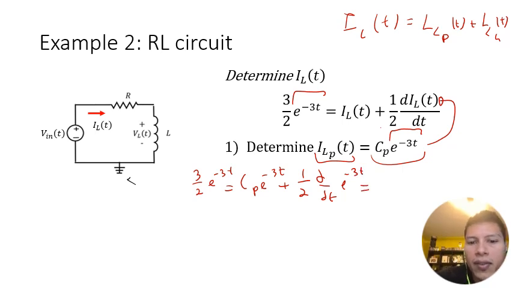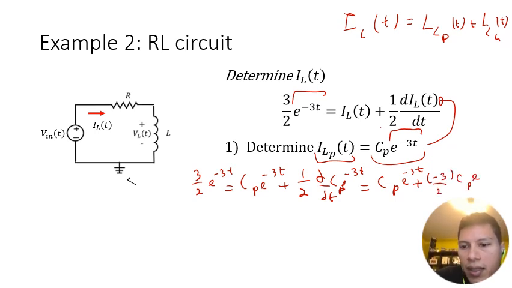And there should be a CP here. That's going to give us CP e to the negative 3t minus 3 over 2 CP e to the negative 3t.